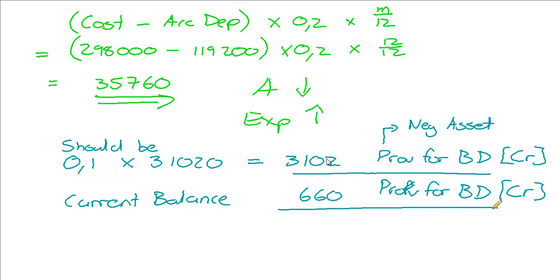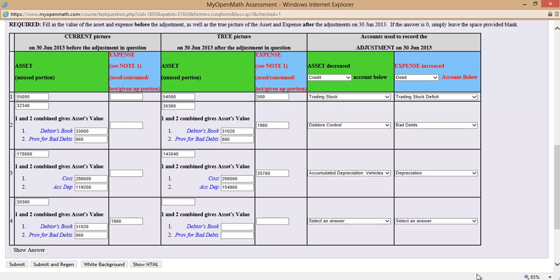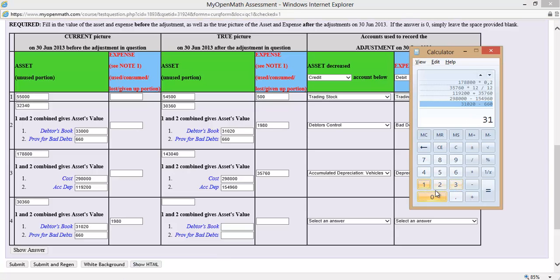So the difference is going to be my adjustment. The adjustment is then going to be the difference between the 3102 minus the 660, and that is 2442.